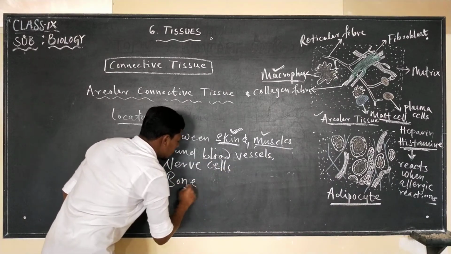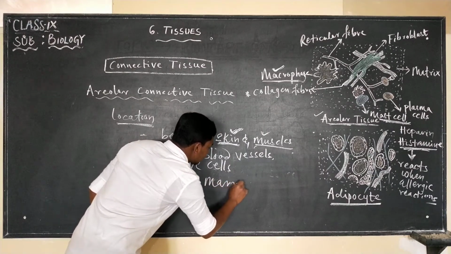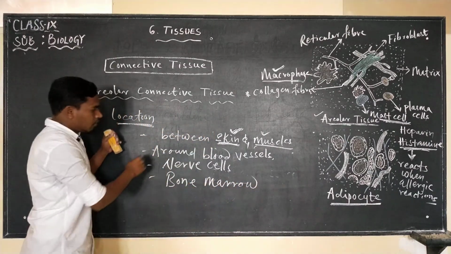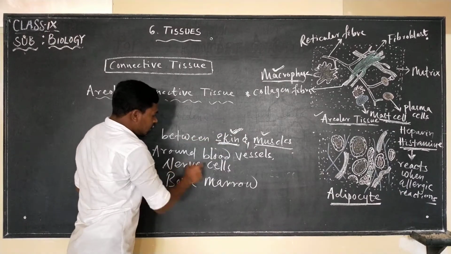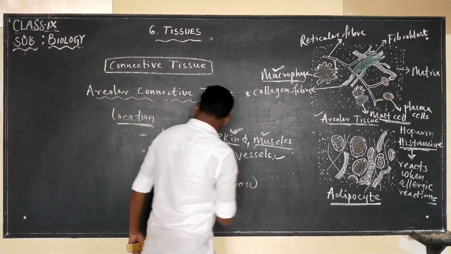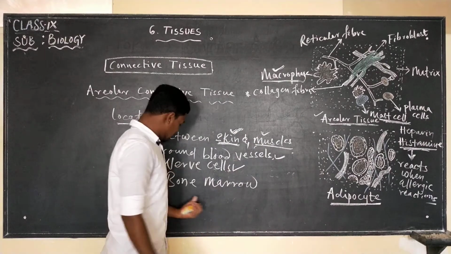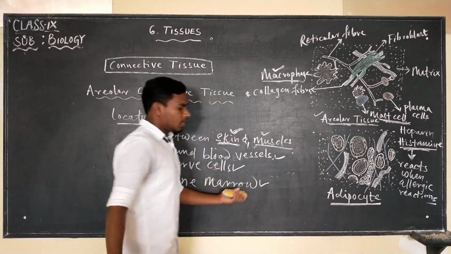So they are found between skin and muscles, around blood vessels, in nerve cells and even in bone marrow.